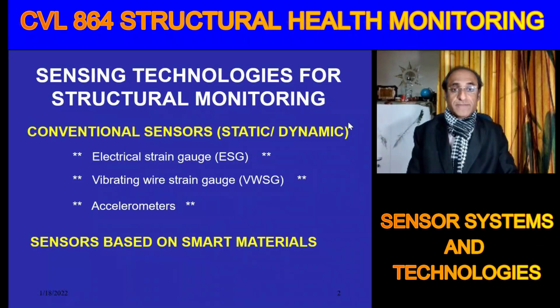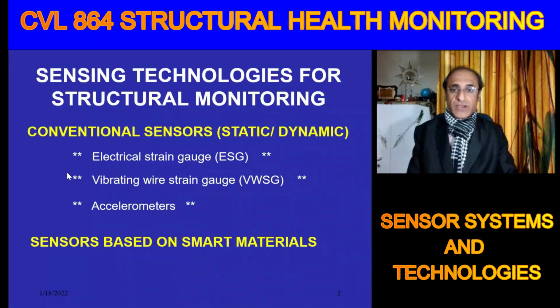So when we say a sensor, it could be used for measuring a static response or dynamic response. Here, for example, the electrical strain gauge, theoretically it can be used for both static as well as dynamic measurements, but it shows inferior performance in dynamic measurements.